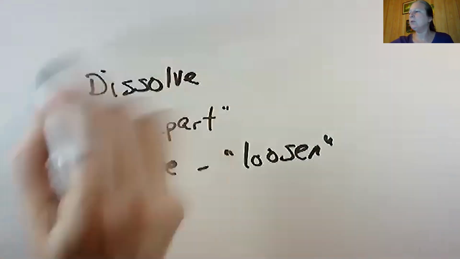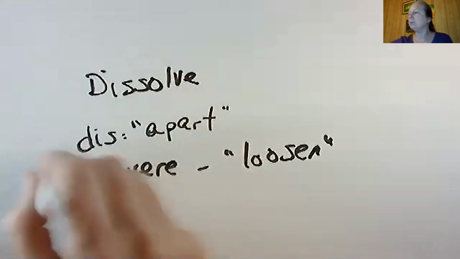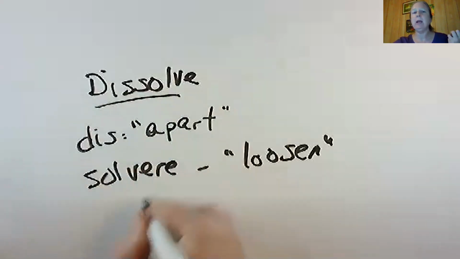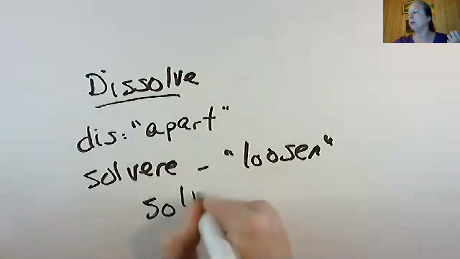So when you dissolve, dissolvere, you are loosening it apart. You are loosening your solute to where it falls apart. So it breaks down into its component parts, and that's where the word dissolve comes from, and it's also where the word solvent comes from.